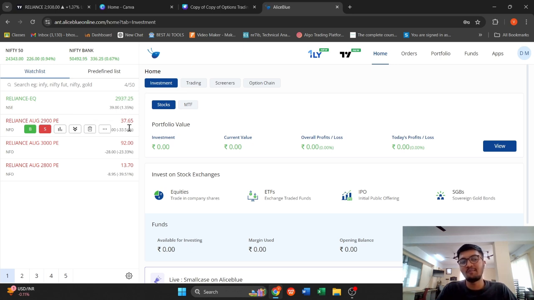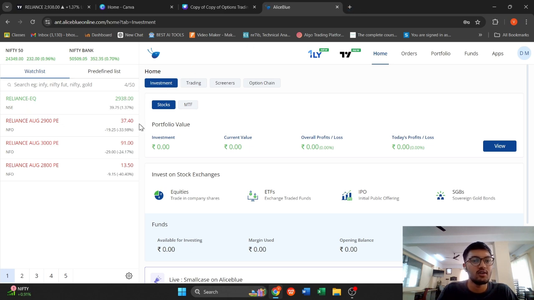So you just minus the 2,937, the current price of Reliance, from the at the money contract, so you'll get the premium price. But let's say in the case of in the money, so in case of put, the in the money will be 3000 P, as I was talking about. I think you're not getting messed up, right? So now you see, the in the money contract is having more value. What is the difference between the 3000 and the 2938?